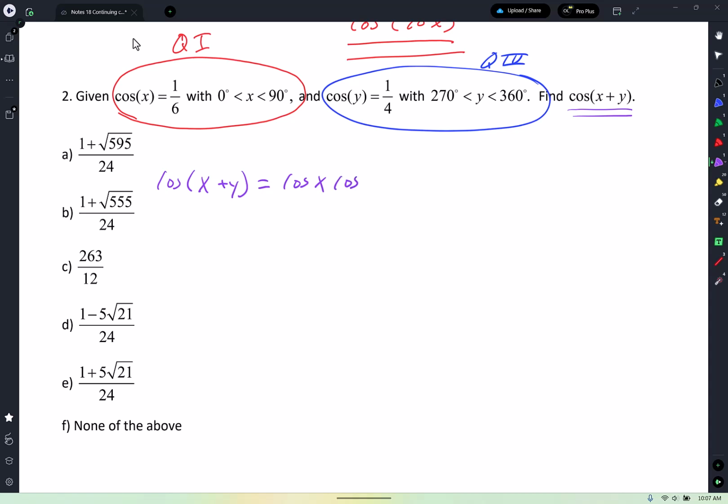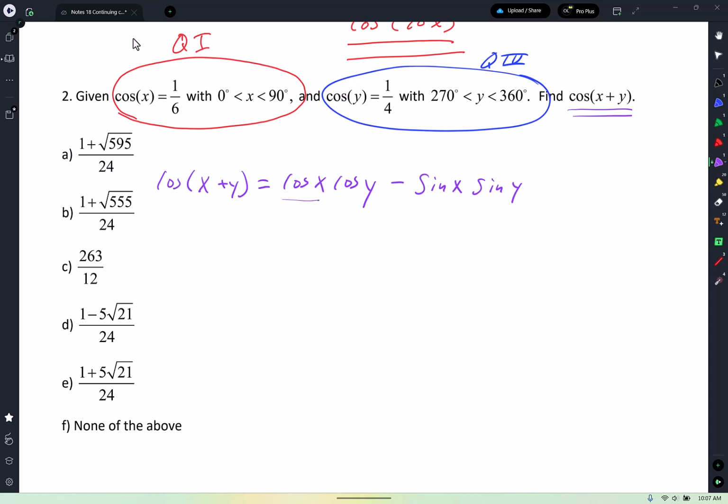Cosine y plus or minus? Minus what? Sine x, sine y. And I guess some of you may be thinking, why can't I just find the angle x, find the angle y, add them up, and then let the answers give you the answers. Yeah, I guess you could. But if you want the exact answer, here's how you do it.